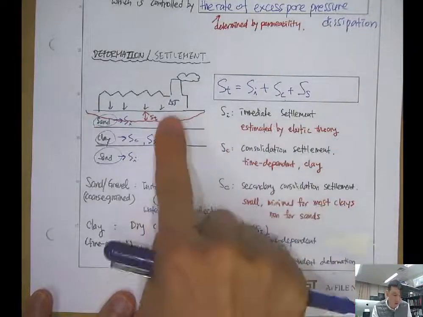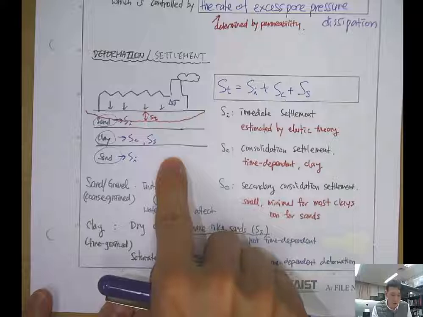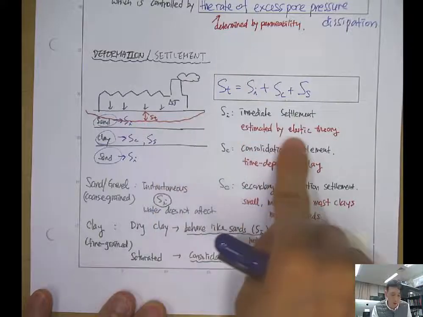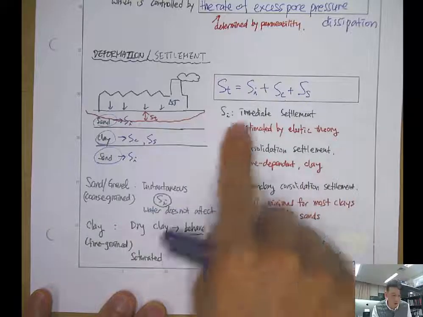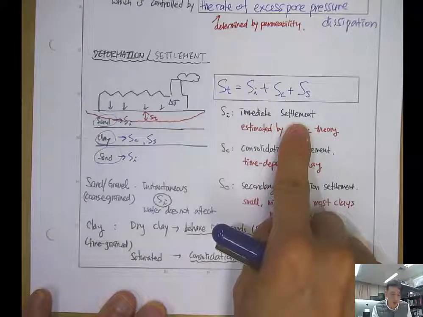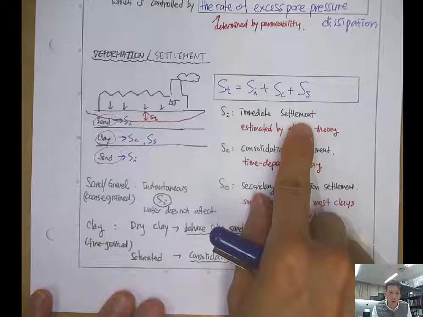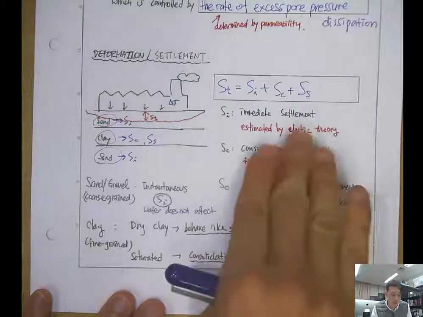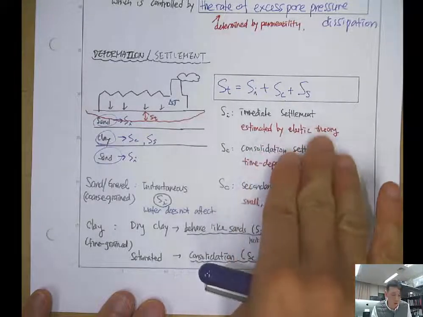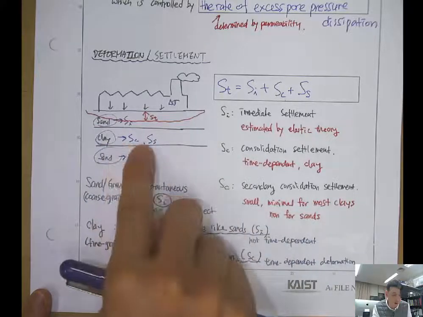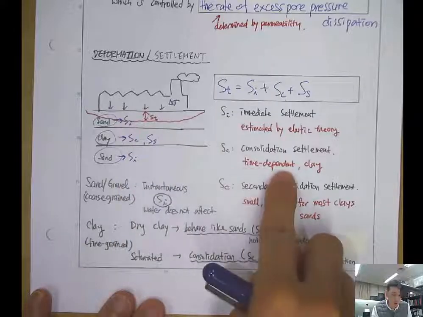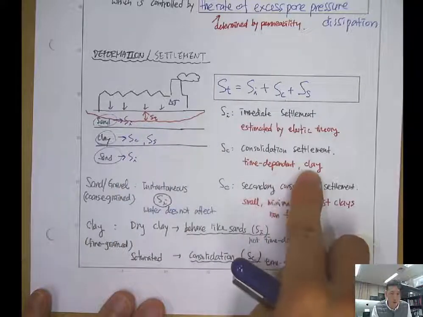The immediate settlement in sandy layers can be estimated by the elastic theory, and you're going to learn about this settlement estimation for sand in the foundation engineering class, but it will not be covered in this class. And the consolidation settlement, we're going to cover in the next lecture, which is time dependent and mostly occurs in saturated clay.